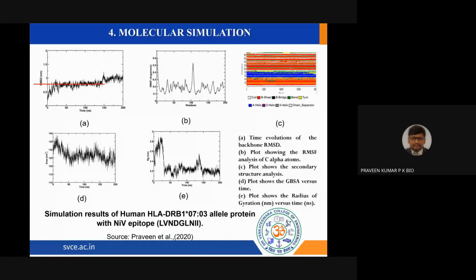But later it is not stable. But for a particular time, it is stable like this. You can find a transition of stability. So RMSD, I can tell, is stable for more than 100 nanoseconds. And even after 145 nanoseconds, you can find it is more stable.